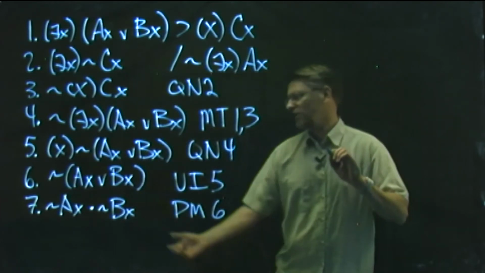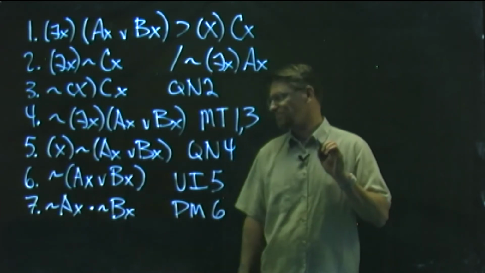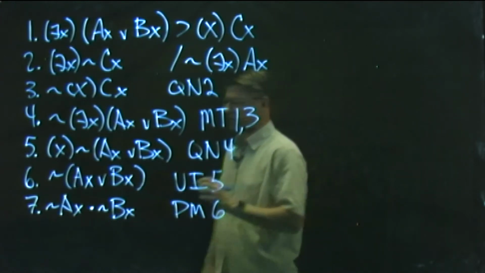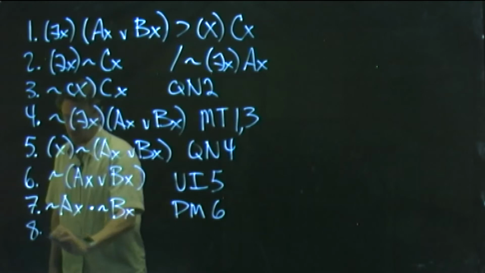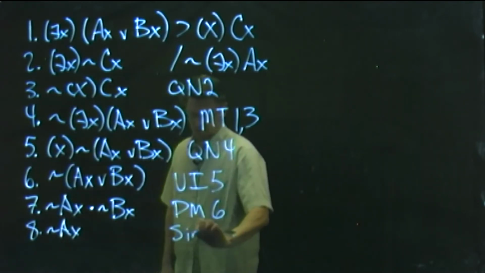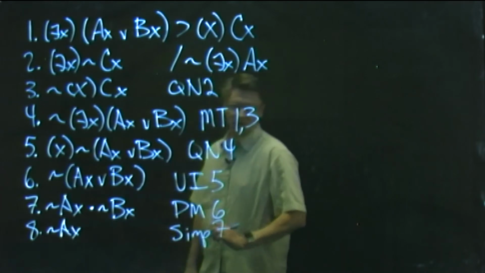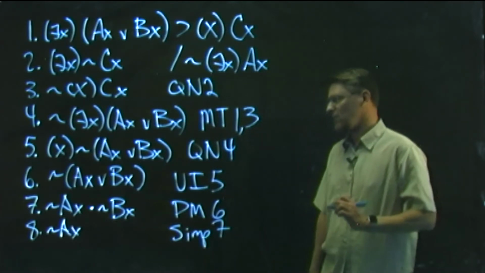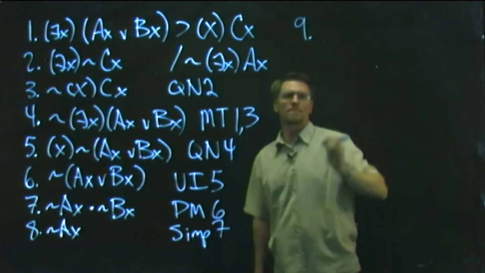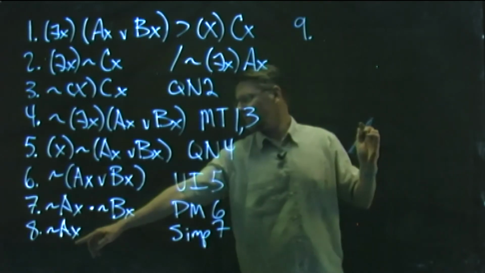And so De Morgan's on 6 gets me this. And what do you know? I can break that down fairly easily even further because the main operator of line 7 is the dot. That's simply a matter of simplification. And I'll go ahead and pop up here for number 9. So I have my A by itself.